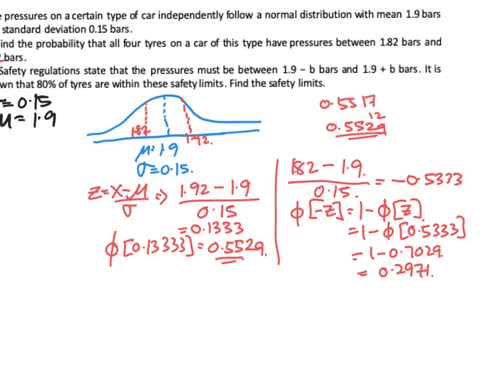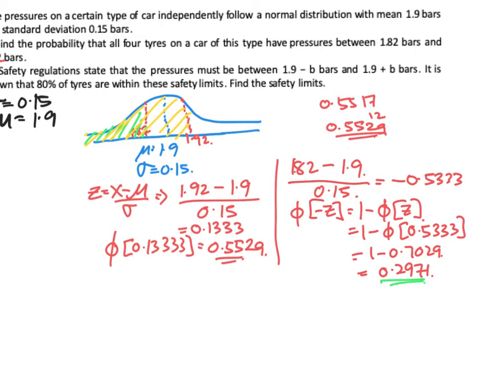Now that I have the probability for 1.82, so anything below 1.82 lies over here. This is the probability 0.2971, whereas the probability for 1.92 is 0.5529, which is from here. All this yellow region, lower than 1.92, is 0.5529 or 55.29%.